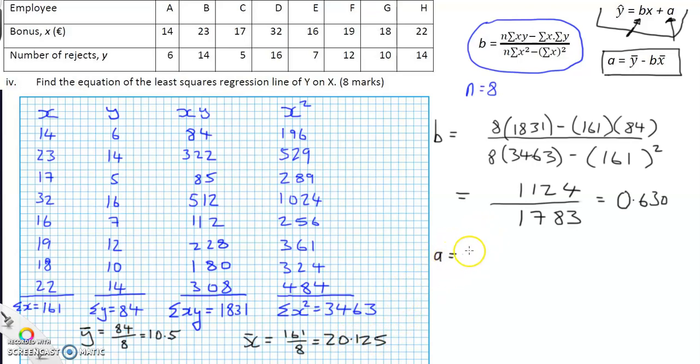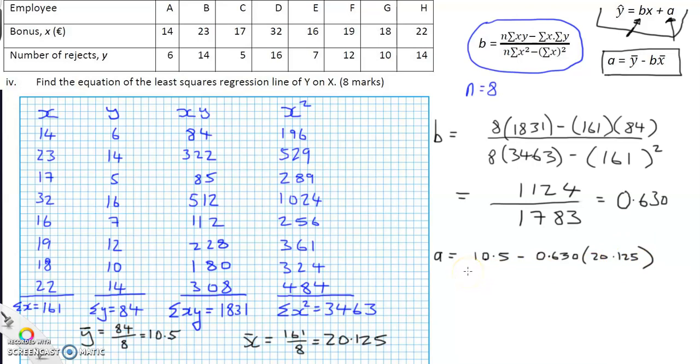So to get a, a equals y bar, which is 10.5, minus b times x bar. Well, we have b, that's 0.630, multiplied by x bar, 20.125, 20 and a quarter.